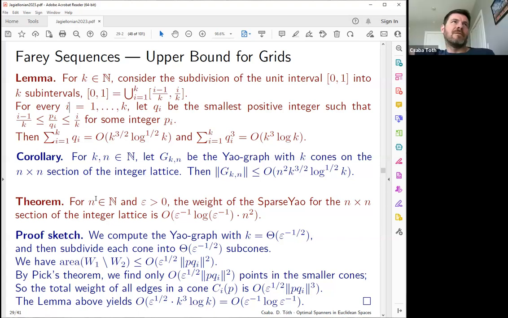Yes, so I'm not estimating the denominator. And then what is the statement, how large is q_i in terms of k? Well, I don't know. I'm interested in this summation. Okay, over all cones. Okay, I see.